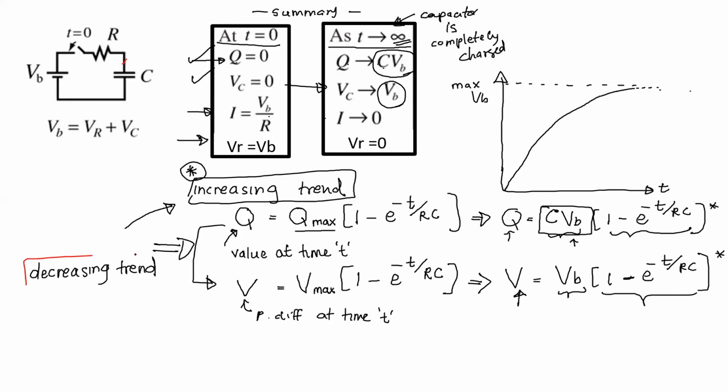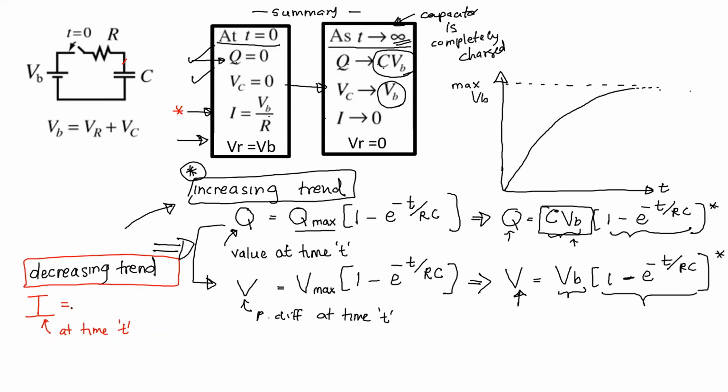Your current equation, so this is your I at time t. Time t means any time that you like. If I want you to find the current at 2 seconds, you will plug 2 into the place where we have t in the equation.